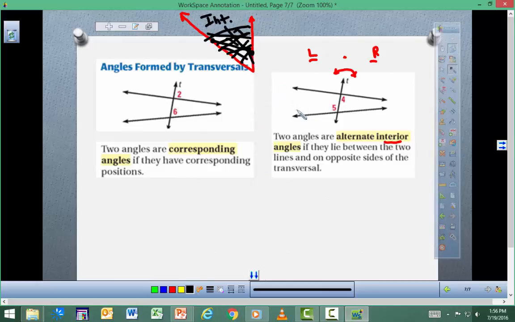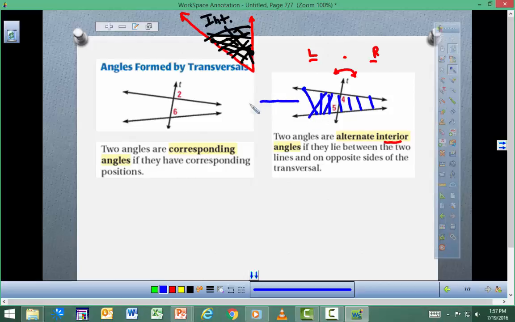I mean, all this area right here would be interior of that angle. Well, the same idea arises here. If you pick any point on this line and any point on this line, and you connect them, then that whole blue segment would be on the interior of those 2 lines. Does that make sense? So this is interior, interior, interior, interior, interior, interior. That's all interior.